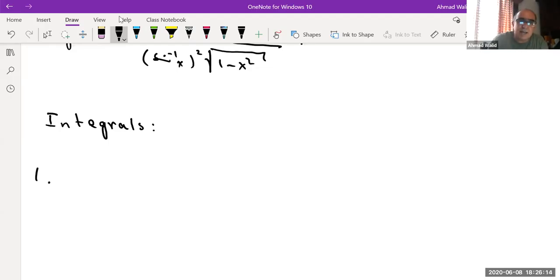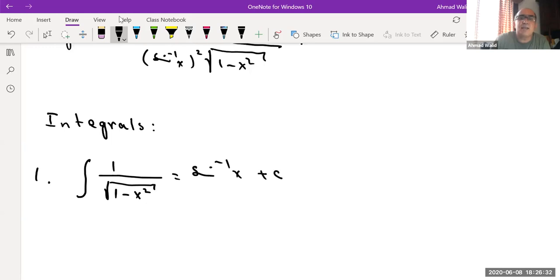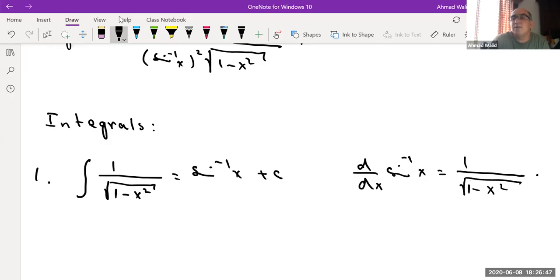Then I can say, number 1, the integral of 1 over the square root of 1 minus x squared definitely becomes inverse sine x plus c. Why? Because the derivative of inverse sine x was 1 over the square root of 1 minus x squared, right? If you go this way now, it gives you the integral.